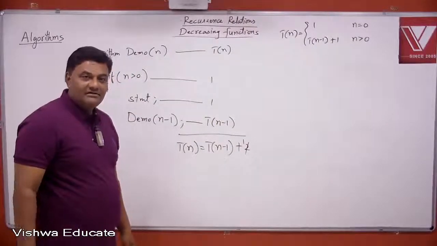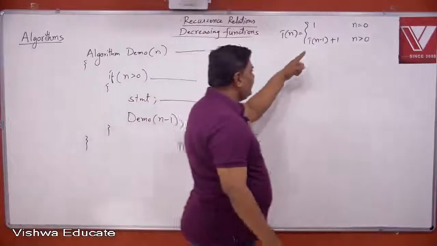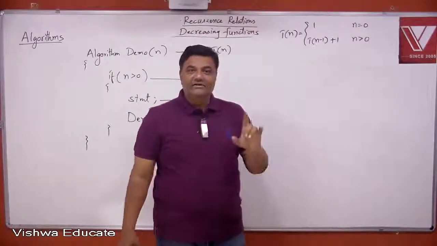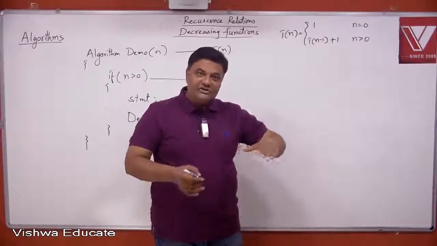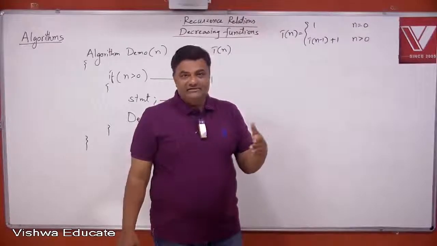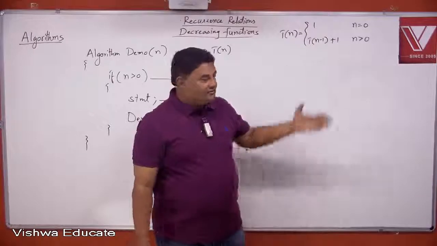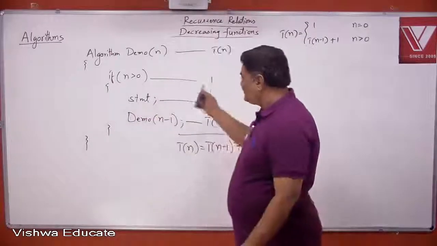Now if you observe, this is not n by something, it is n minus something. So we call it a decreasing function. The reduction of n is done by subtraction. So how to solve this one? I'll show you. Okay, copy this one.